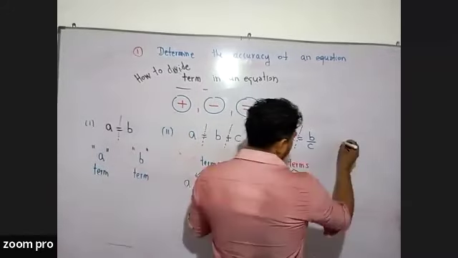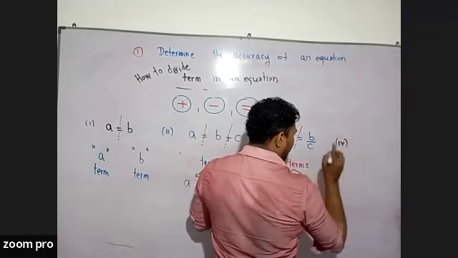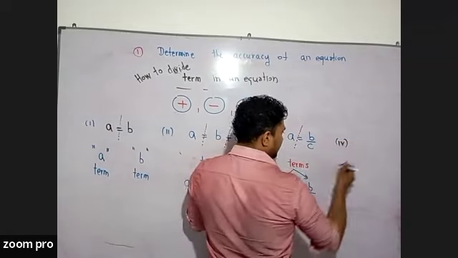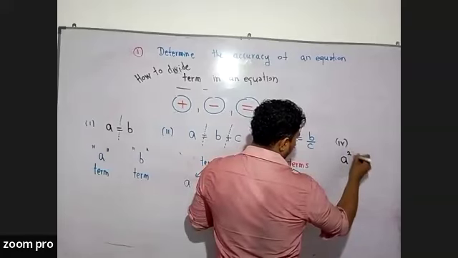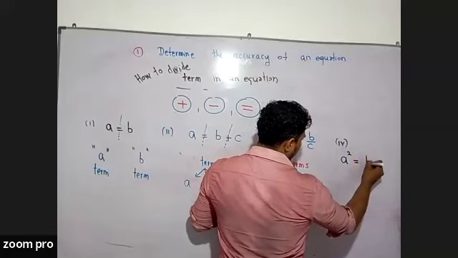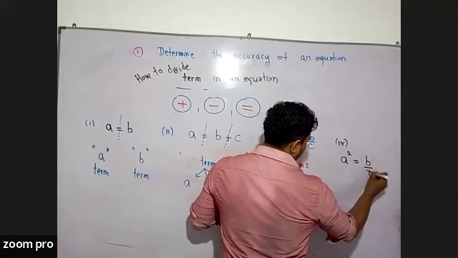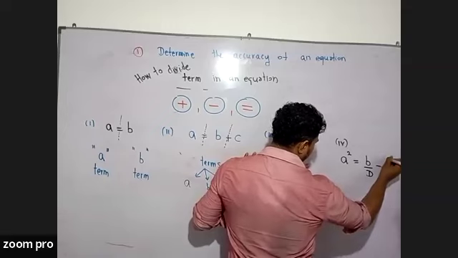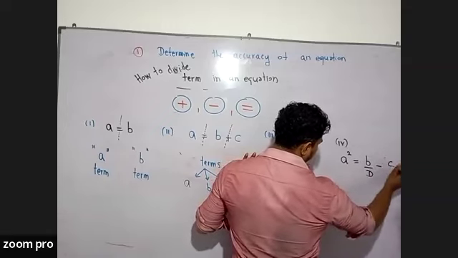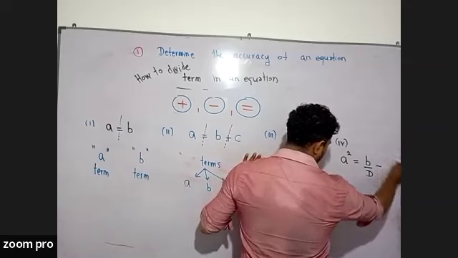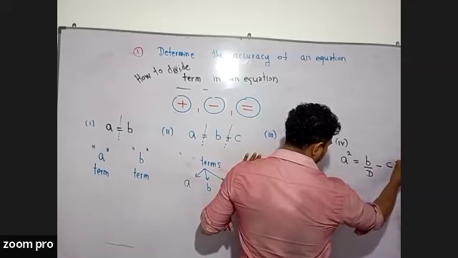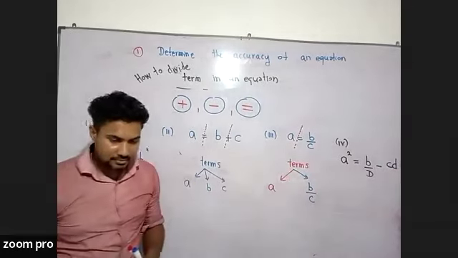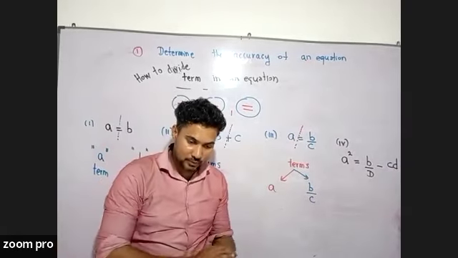So let's take another one. Now you should have an idea about how to divide a given equation into terms. A squared equal... So let's take this one as an example, this one as an equation.